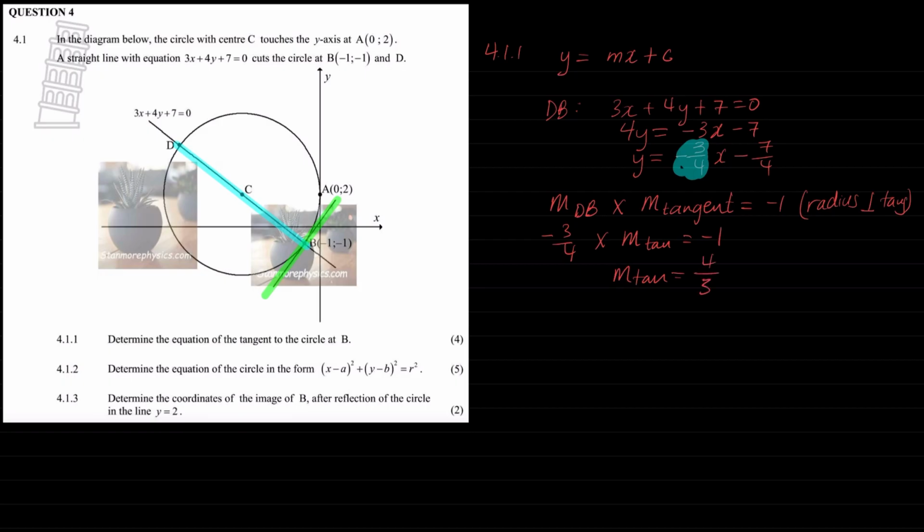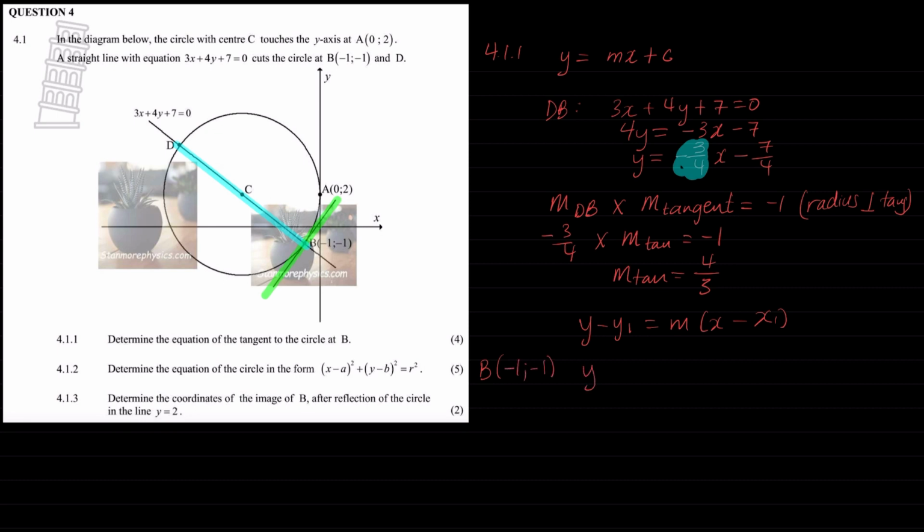Now that we know the gradient, and we know a point on that line, we can use the formula y minus y1 is equal to m into x minus x1 to work out the equation of the line. So we'll substitute point B, since it's on the tangent, minus 1 and minus 1.